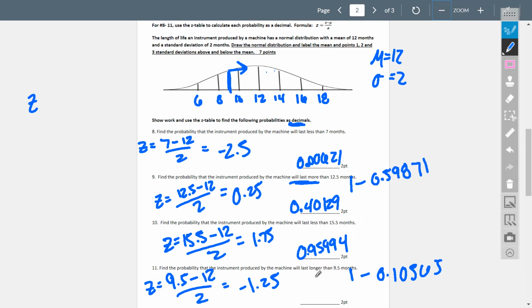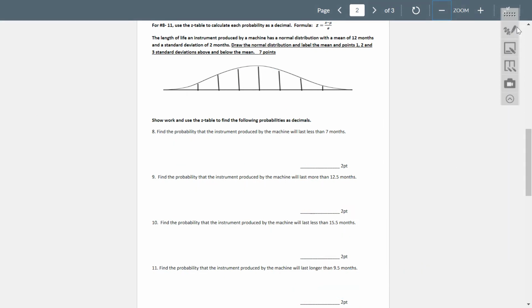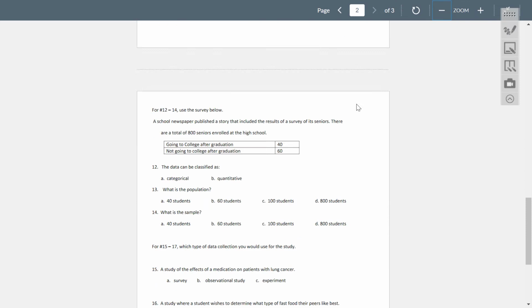So 1 minus 0.10565 gives 0.89435, which is about an 89% probability that the machine will last longer than 9.5 months. So pretty likely that it will last longer than 9.5 months.